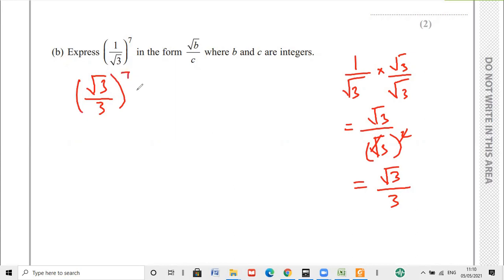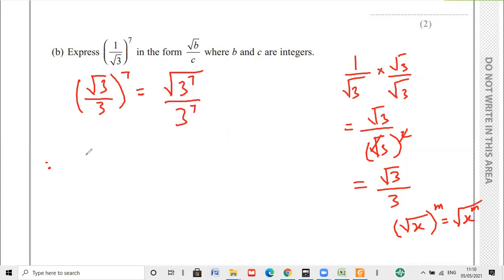And then one of the rules is that, for example, x to the power of square root of x and all of that to the power of m can be written as x to the power of m, all of this square root. So using this rule, we can write 3 to the power of 7 and square root from the top, and just 3 to the power of 7 in the bottom.